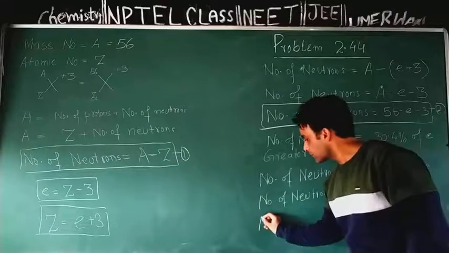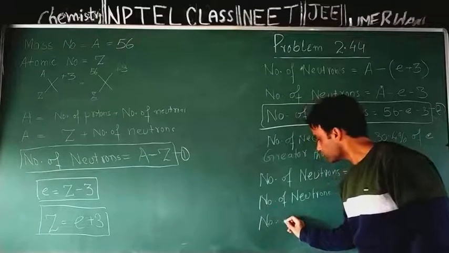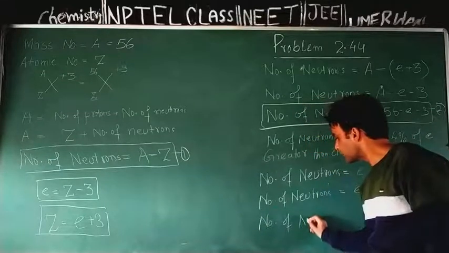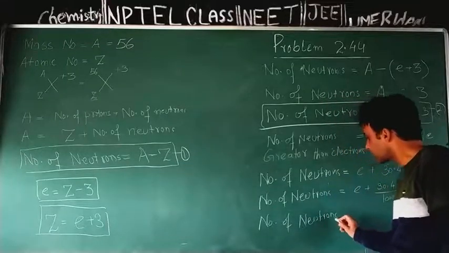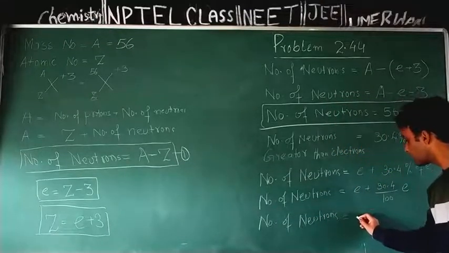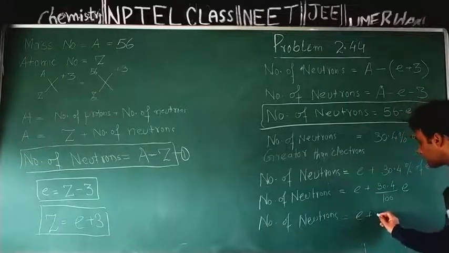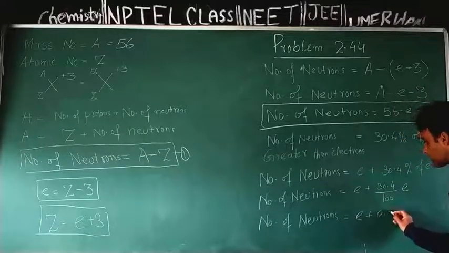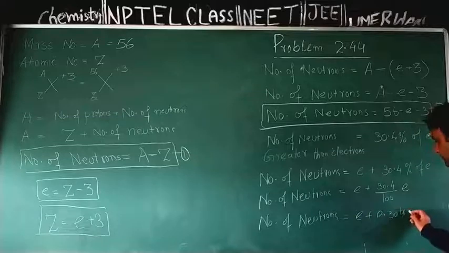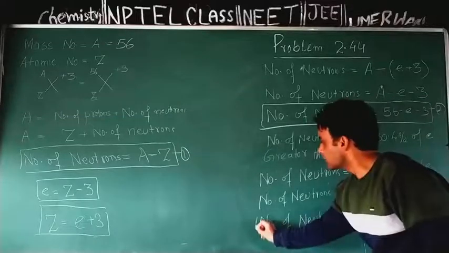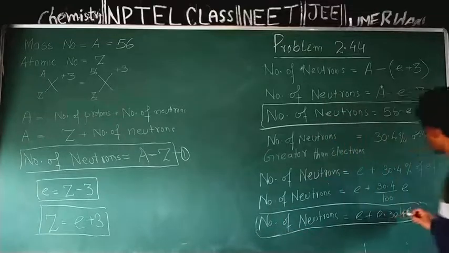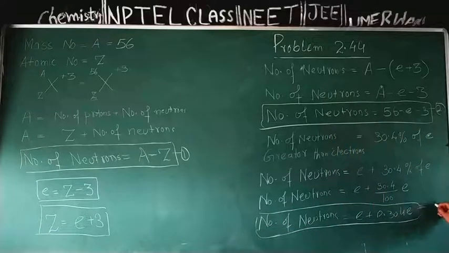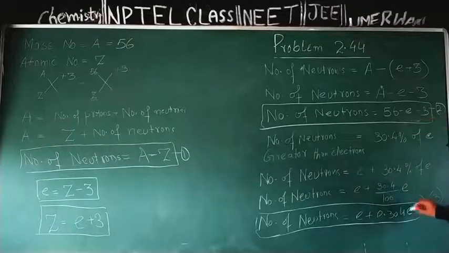Number of neutrons will be equal to E plus 0.304 E. This I will label equation third.